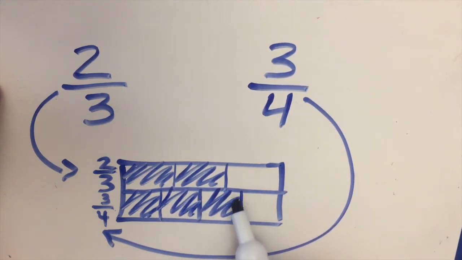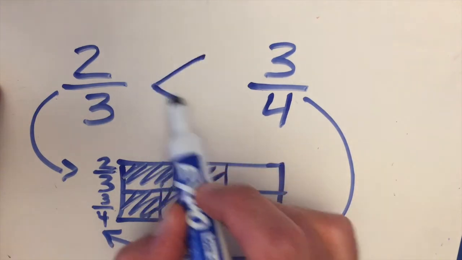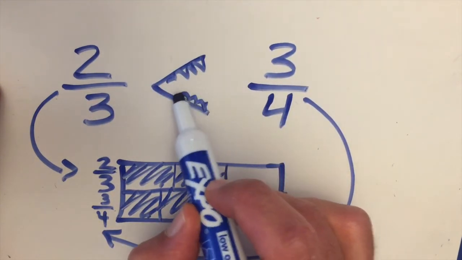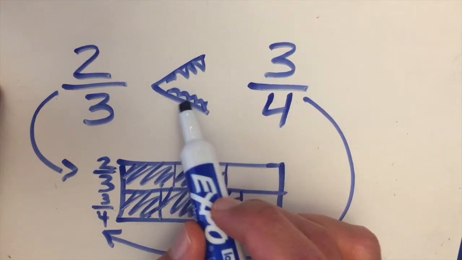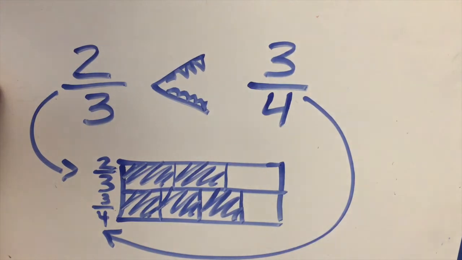We can clearly see that 3/4 goes over farther than 2/3. So in this case, we would say 2/3 is less than 3/4. We can draw those teeth in because it's a hungry symbol that wants to eat the larger amount. In this case, 3/4 is the larger amount.